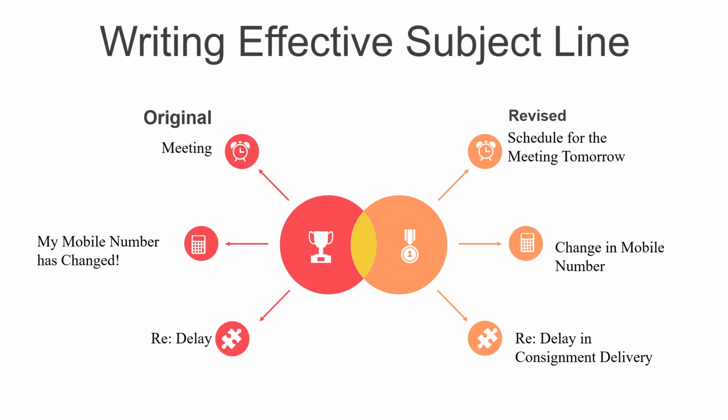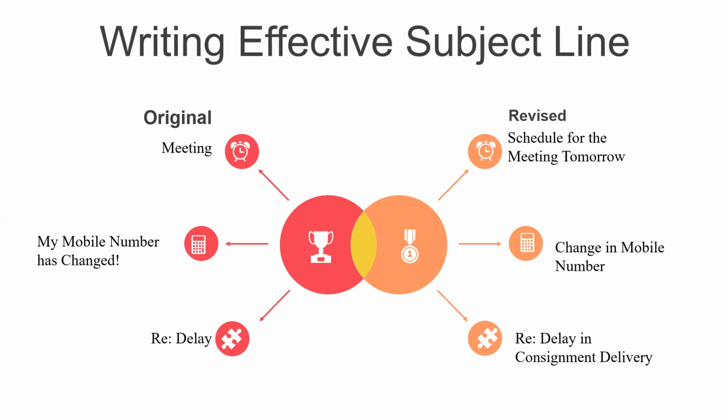It helps recipients understand the content or the action required without having to open the email, saving time and providing transparency. A compelling subject line can significantly impact open rates.